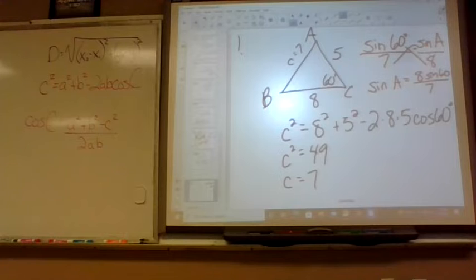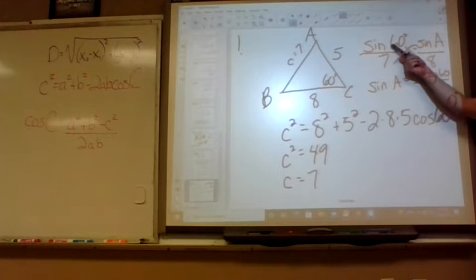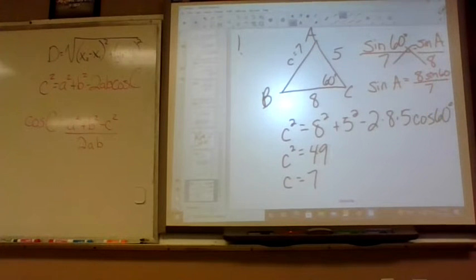Really, you don't need to cross multiply, just multiply the 8 up and leave the 7 down below. You can multiply the 7 up, but then you're just gonna end up dividing by 7 again. Then you gotta do sine inverse of this.